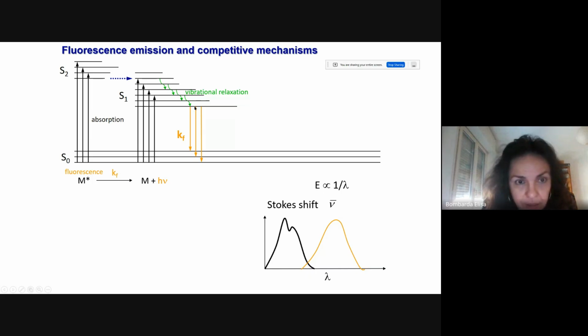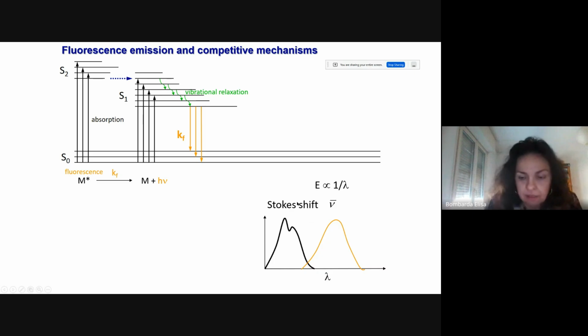Due to this vibrational relaxation, the energy emitted is less than the energy that was used for exciting the molecule. Since energy is inversely proportional to wavelength, less energy means larger wavelength, and that means that the emission spectrum is shifted to larger wavelength with respect to the absorption or excitation spectrum.